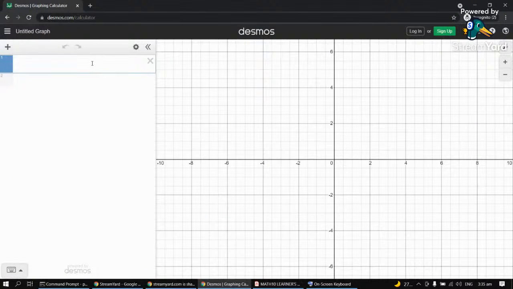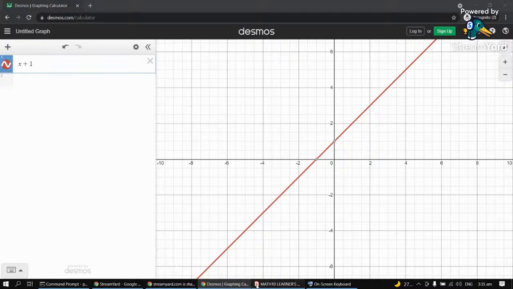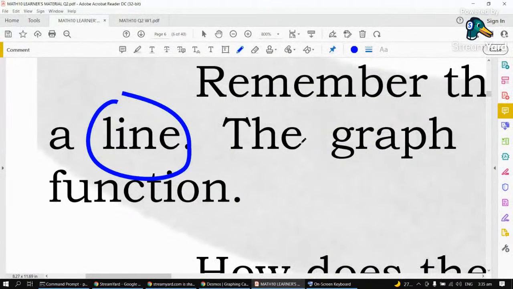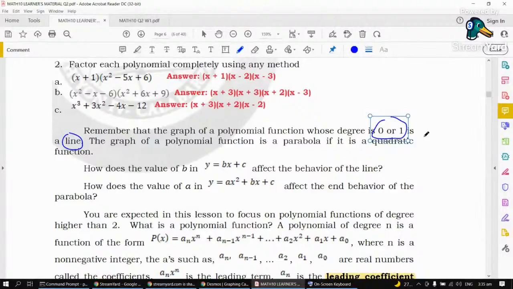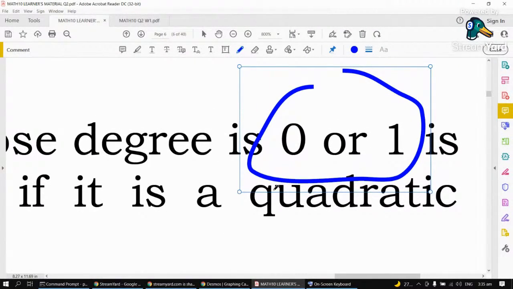And then, type natin x plus 1. So, makikita natin, ang degree ng x is 1. Ang value ng exponent niya is 1. At ang lumalabas na graph ay isang straight line. Okay? Para sa mga degree na 0 or 1 lang yan.